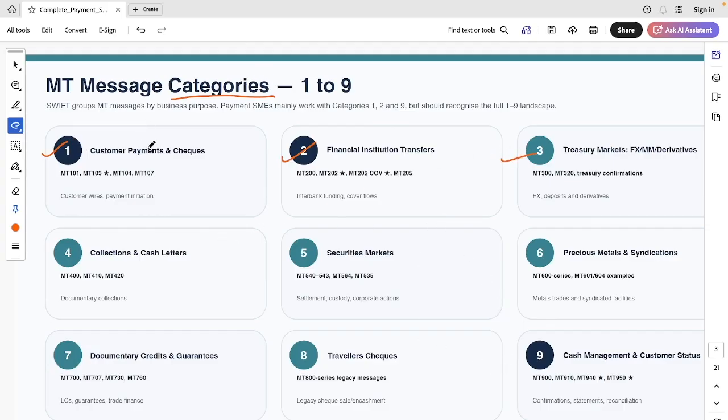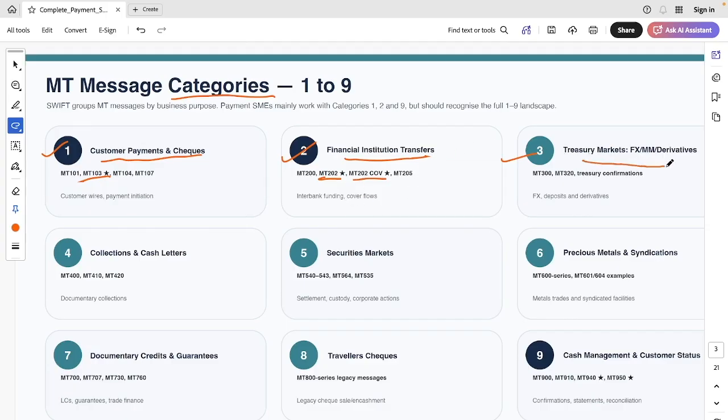Category 1 is for customer payments and cheques. For payment learners, the most important message belonging to this category is MT103, which is used for customer credit transfer. Category 2 is financial institution transfers. This is where MT202 and MT202 COV come in. This is extremely important for interbank fund movement and cover payment flows.